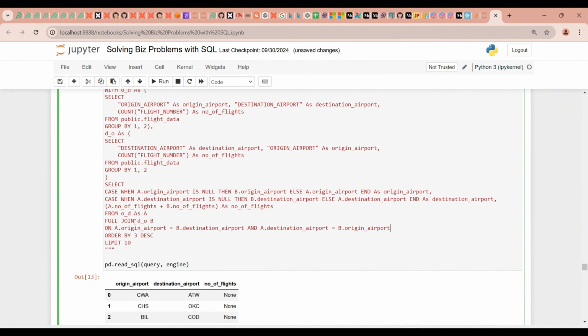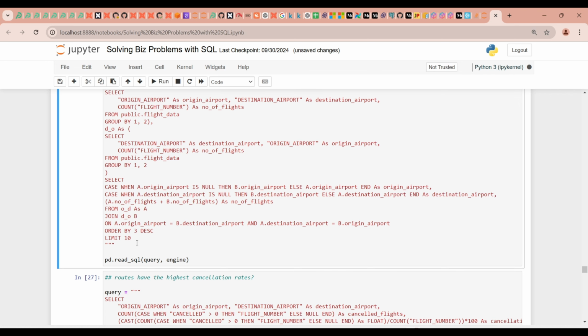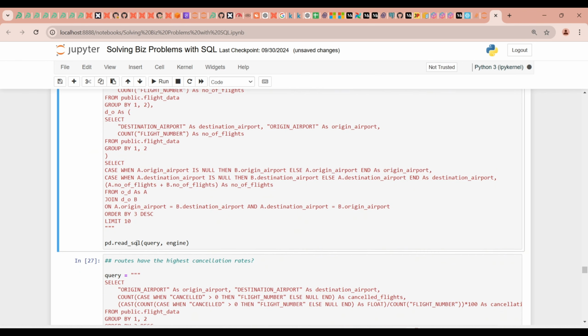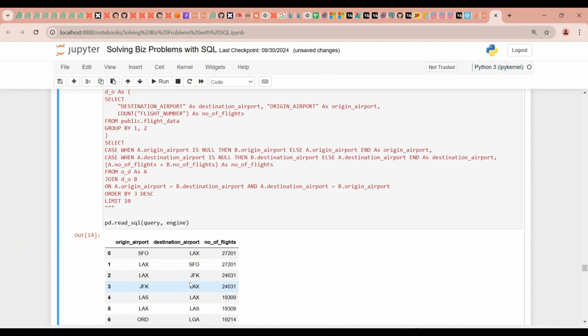Let me use inner join and see the behavior of this. SFO LAX SFO is repeating.